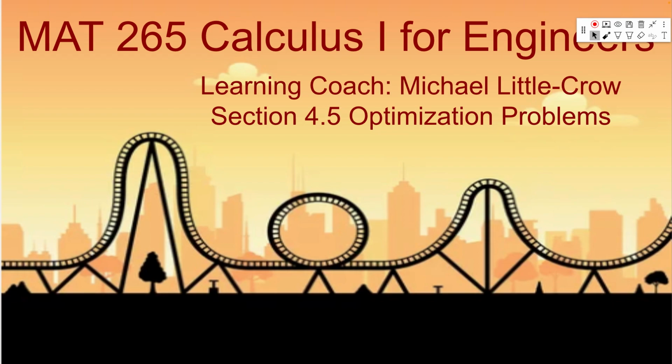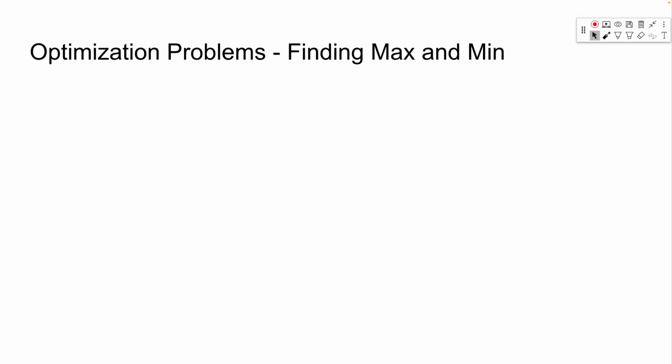Okay, so the concepts we will be talking about today, you've already discussed in 4.1 and 4.3. So we're going to take those and solve some problems with them, which is what engineers do, right? You solve problems. What we're looking for, when we call it optimization, is the maximum or the minimum return.